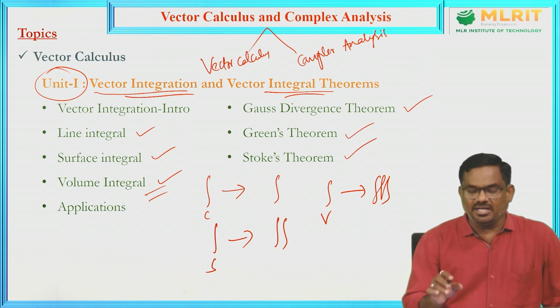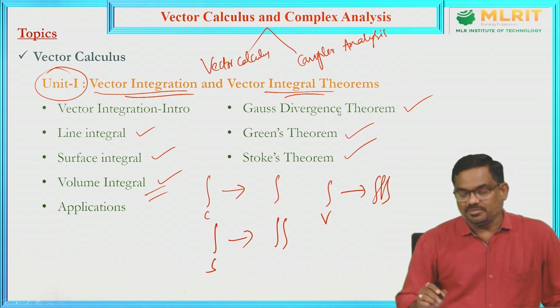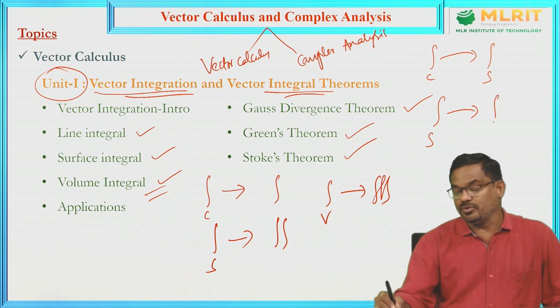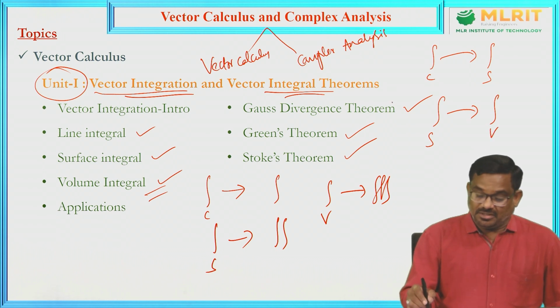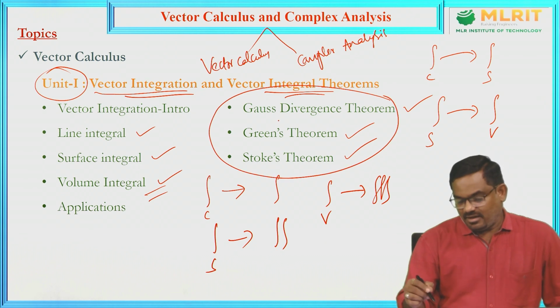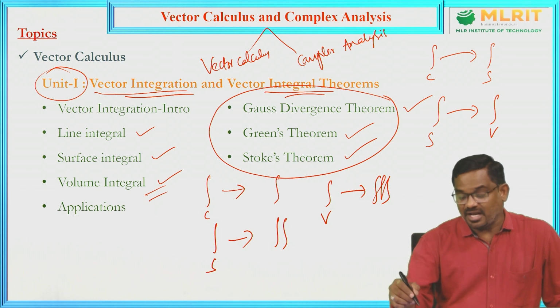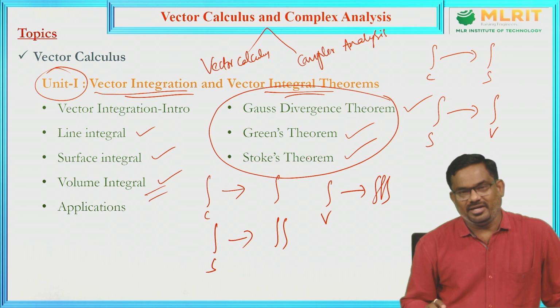What is the advantage of these theorems? Using these vector integral theorems, we can convert a line integral into a surface integral, and a surface integral can be transformed into a volume integral, and so on. So the problems will be like evaluating the line integral using Stokes theorem, by transforming the line integral into a surface integral.